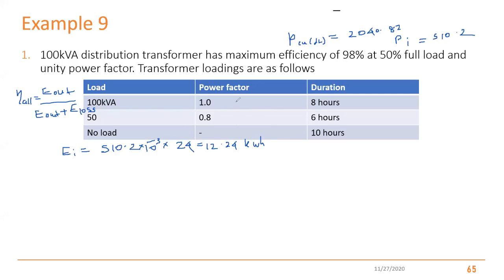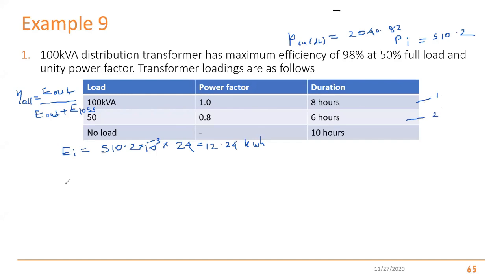Next, we have to calculate the copper loss. We have to calculate the copper loss separately for this load and this load. Suppose this one is 1 and this one is 2.